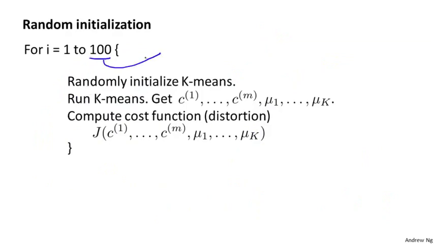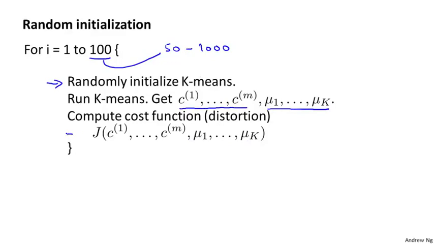A fairly typical number of times to run k-means would be something from 50 up to maybe 1,000. But let's say you decide to run k-means 100 times. What that means is we would randomly initialize k-means, and for each of these 100 random initializations, we would run k-means, and that would give us a set of clusterings and a set of cluster centroids.